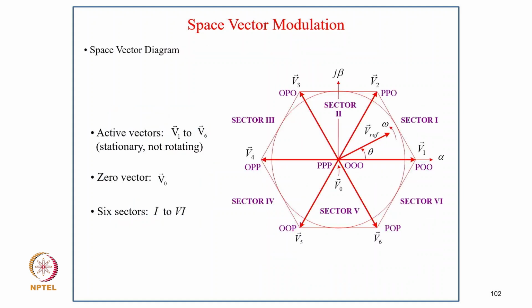So now coming to the space vector diagram, the active vectors are V1 to V6 as shown here with the notation, and the zero vector is V0, and you can see these 6 vectors and the zero vector at the zero point.